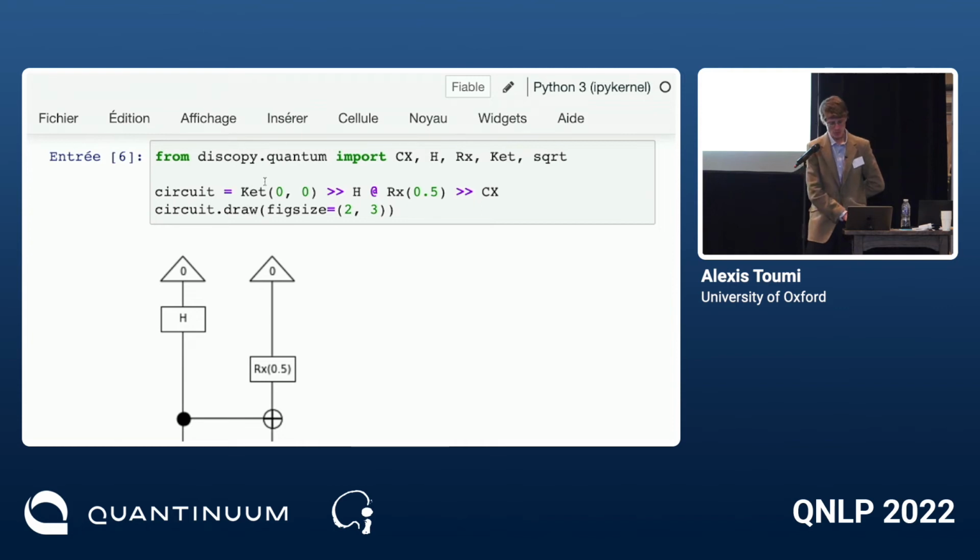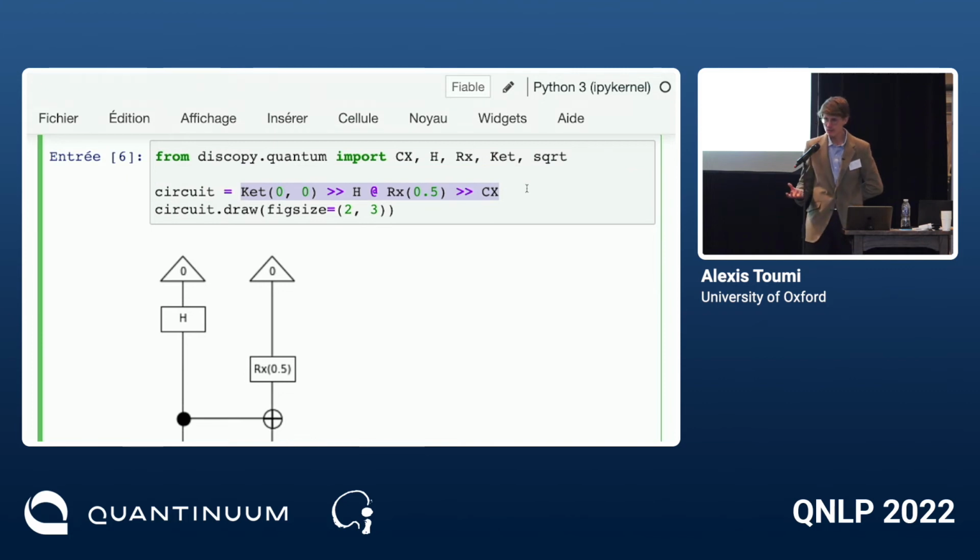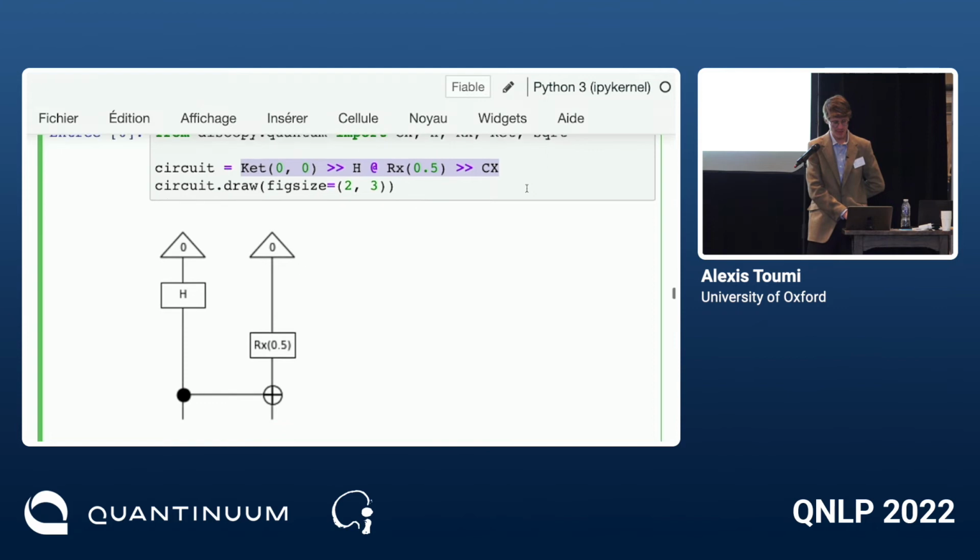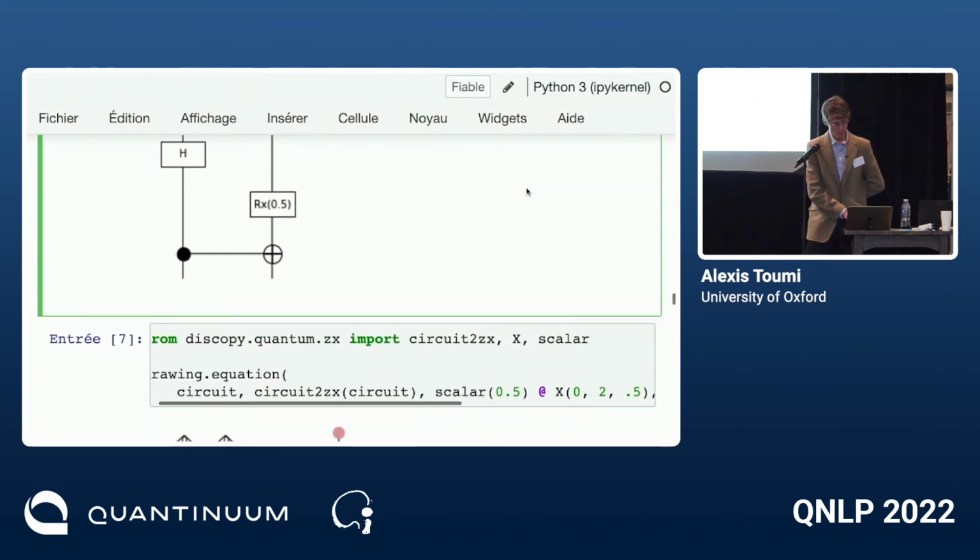And you can compose those together to make a circuit. So here we have a ket with 0, 0, followed by an H on one qubit and an X rotation on the other. Then we do a control knot, and ta-da, you get a diagram. So that's the diagram for a circuit.